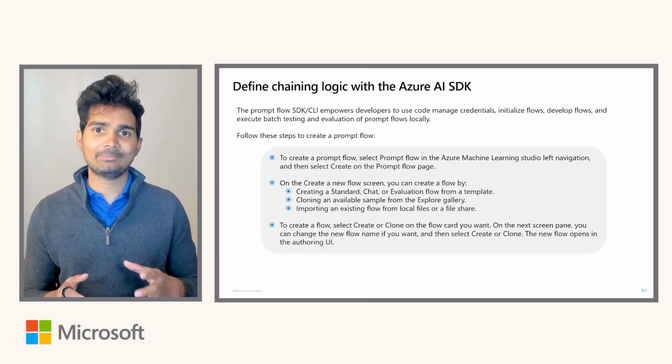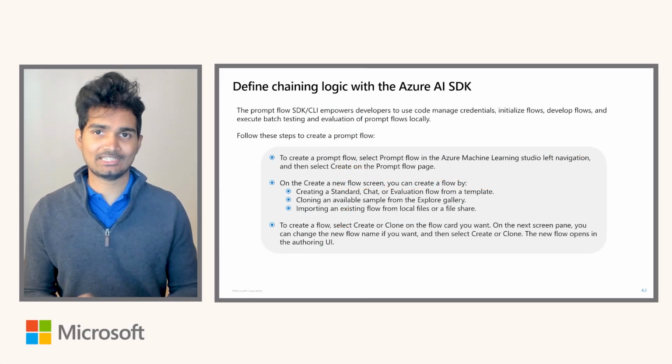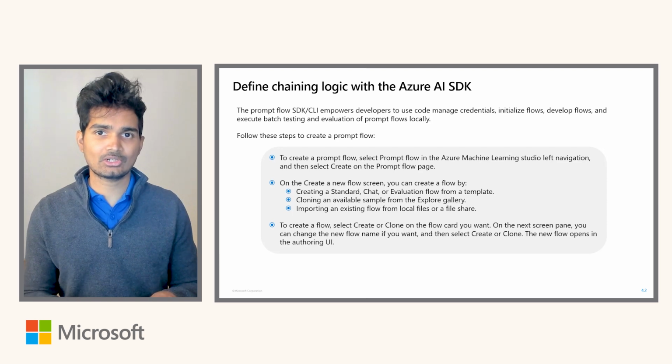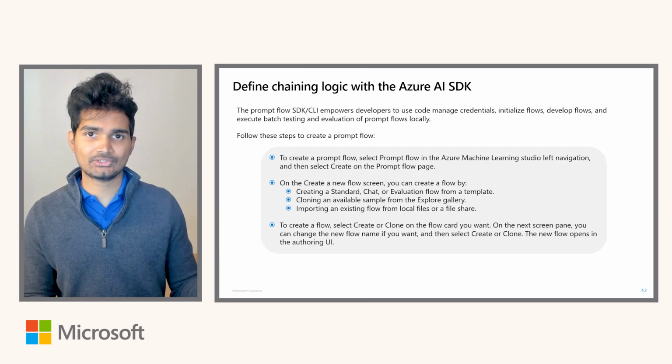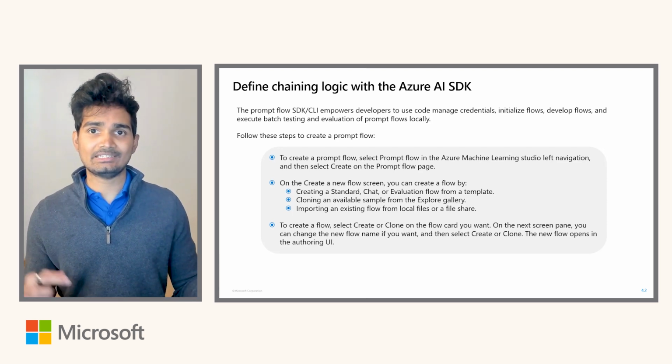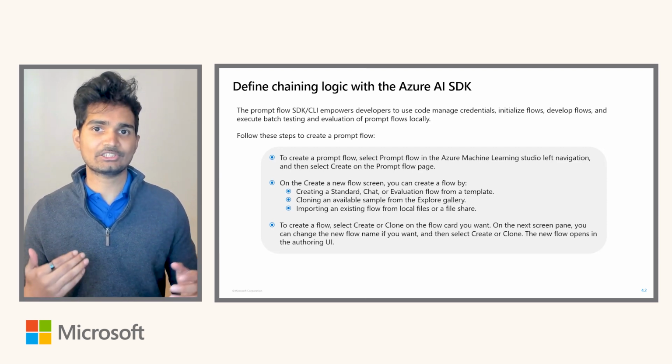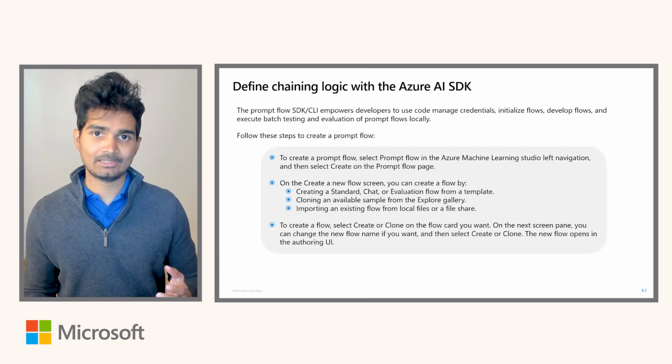Prompt flow can be enabled via SDK or CLI. This is a relatively new feature that you should be aware of. It empowers developers to use code to manage credentials, initialize flows, develop flows, and execute batch testing and evaluation of prompt flows locally.